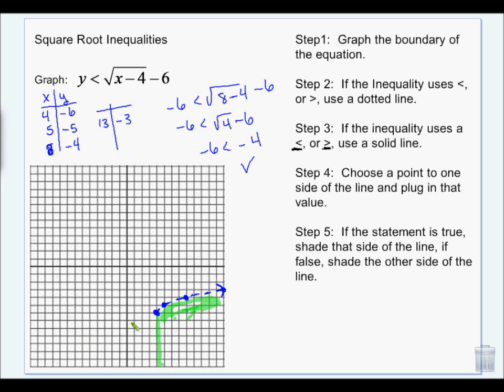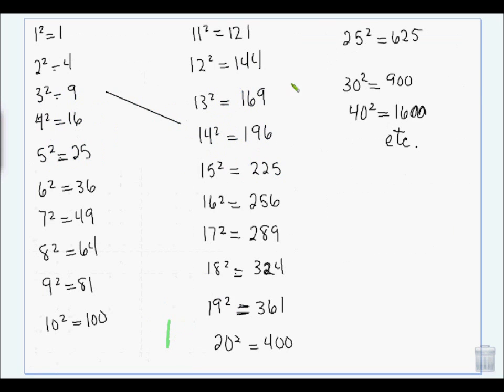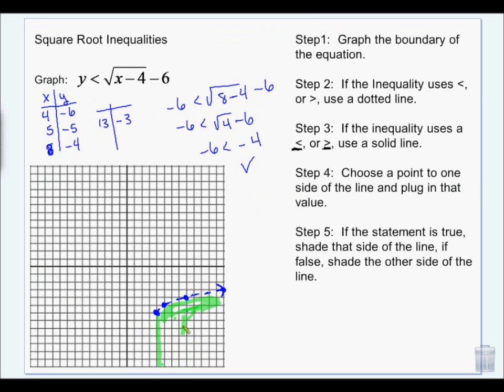I can't shade over here because I end right here. So I'm going to shade all of this. So any number I pick from here down would be a true statement.